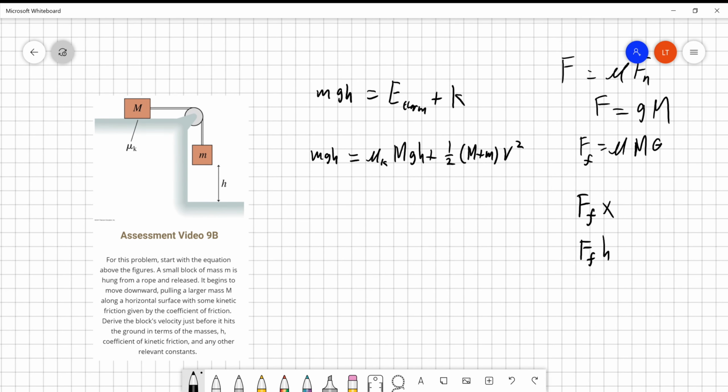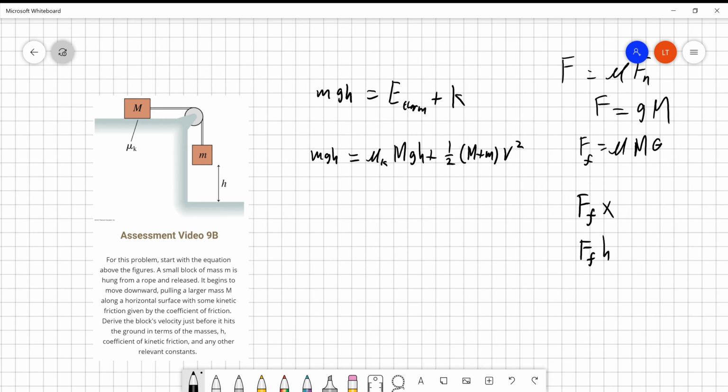And we don't have any sort of indicator of time or anything, but that's okay, because just before it hits the ground, that means all of the potential energy has been transformed into kinetic energy. So that means once this block has moved this distance h, and this block has moved this distance h, all of the potential energy from lowercase mgh has been transferred into velocity and thermal energy.